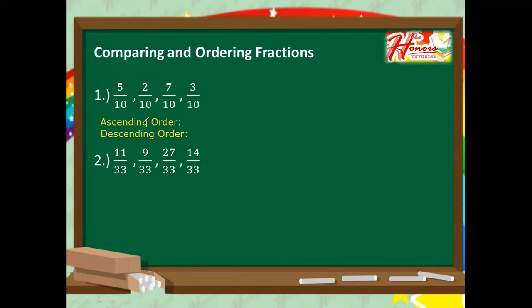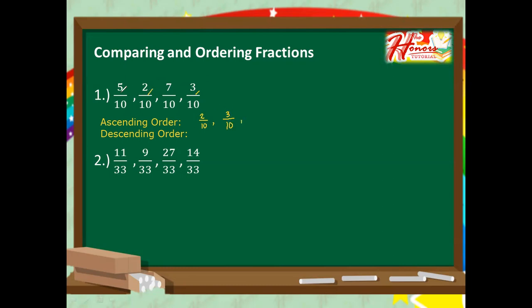For ascending order, please choose first the least number. So that is 2. So we have here 2 over 10. Next, after 2, we have here 3. So that is 3 over 10.